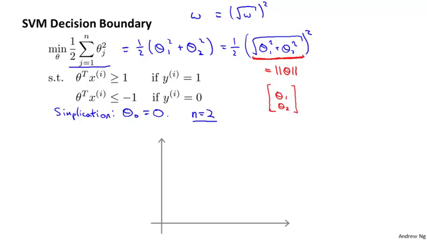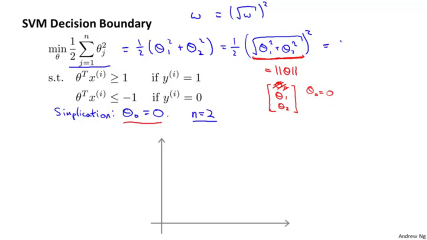In fact, this is equal to the length of the vector theta whether we write it as theta 0, theta 1, theta 2, that is if theta 0 is equal to 0 as I assume here, or just the length of theta 1, theta 2. But for this line, I'm going to ignore theta 0, so let me just write the norm of theta as theta 1, theta 2 only. But the math works out either way, whether we include theta 0 here or not. So it's not going to matter for the rest of our derivation.